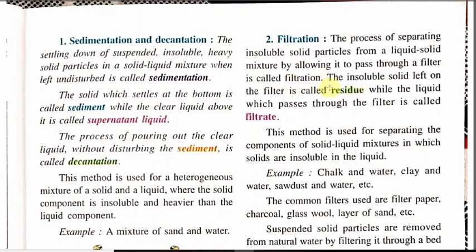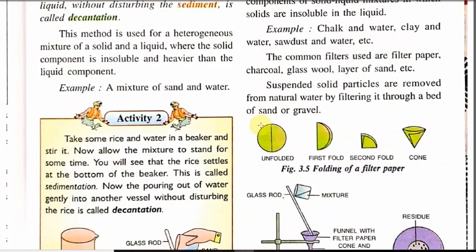The insoluble solid left on the filter is called residue, and the liquid which passes through the filter is called filtrate. Examples: chalk and water, clay and water, sawdust and water can be separated by this method, and common filters used are filter paper, charcoal, glass wool, etc.